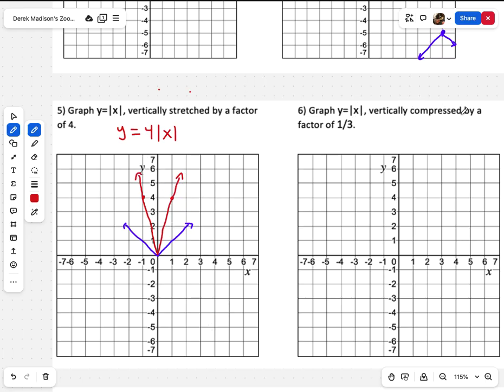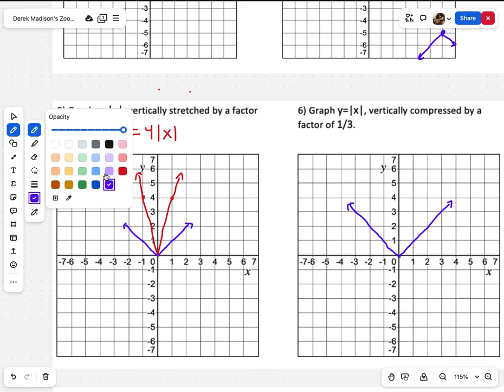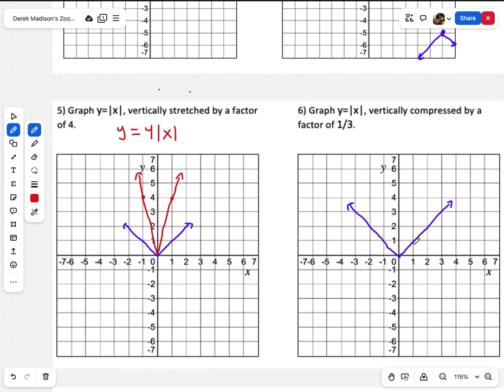And here, vertically compressed by a factor of 1/3. So again, let me draw the parent function in here. If we think of compressing this by 1/3, this would look like y equals 1/3 absolute value x.